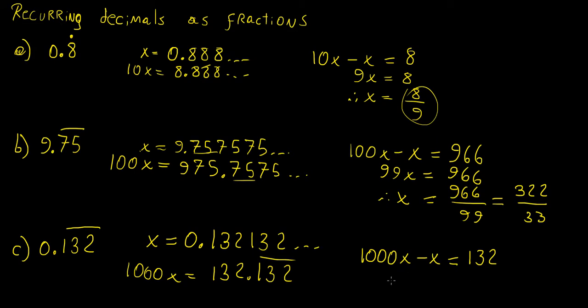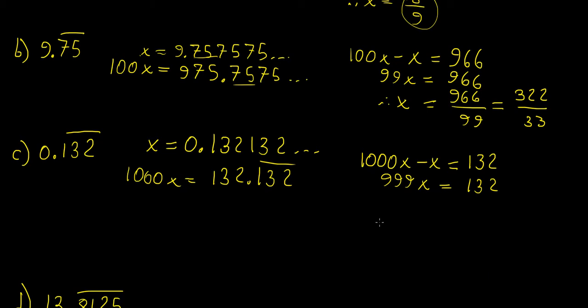And then notice what happens on this side. We're going to have 999x equals 132, which simply means that x is going to be 132 on 999. And at this point it looks like both of these numbers are divisible by 3, because this one is a multiple of 3.